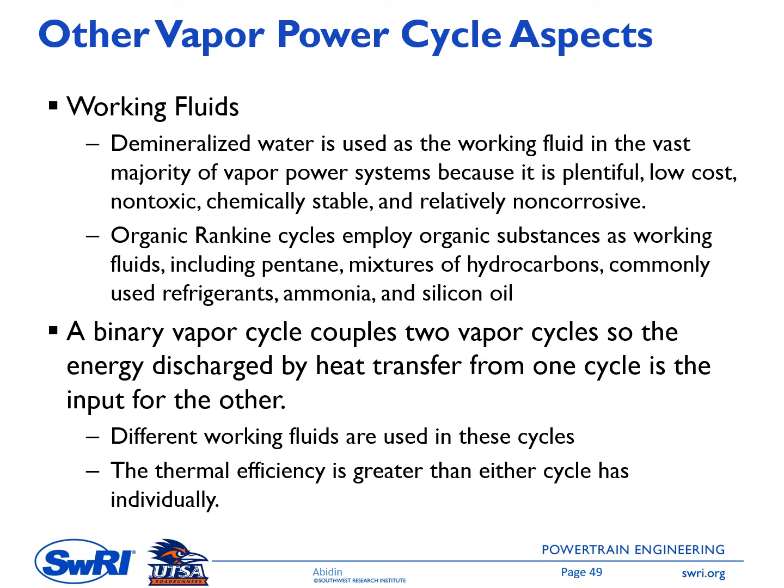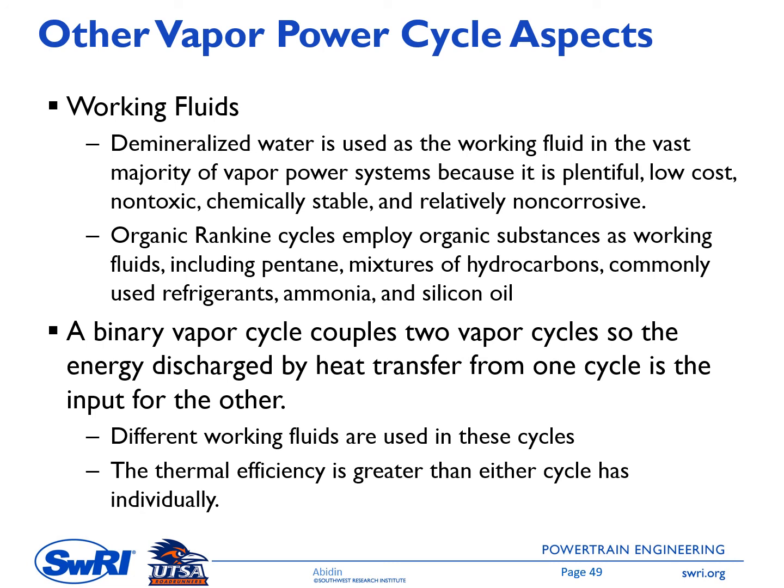For example, if we want to utilize waste energy from industry, which has a lower temperature, maybe in the order of 300 degrees C, 400 degrees C, then you might need to use a different working fluid that has a lower temperature characteristic, like ammonia or hydrocarbon.